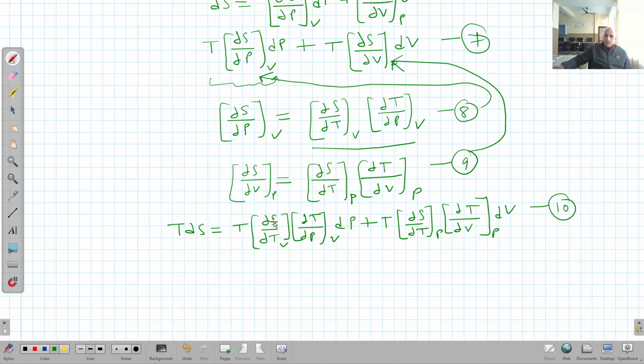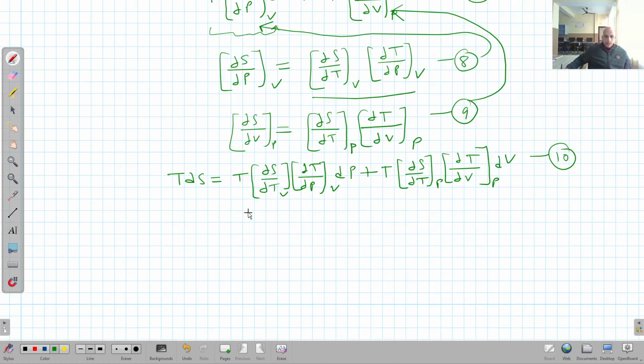Clear? Now, you can see here that this term T curly S upon curly T at constant V is equal to Cv, specific heat at constant volume. Similarly, T curly S upon curly T at constant pressure is equal to Cp, specific heat at constant pressure. So I am going to make these substitutions in equation number 10.